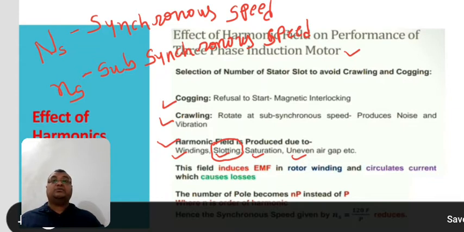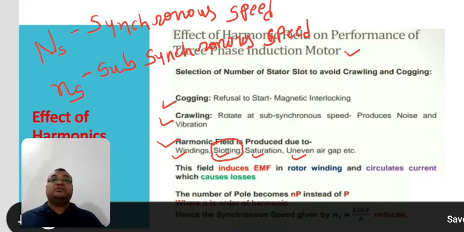So these are the causes of production of harmonics in the harmonic field in the induction motor. Mainly winding slotting, saturation, and uneven air gap will be there.